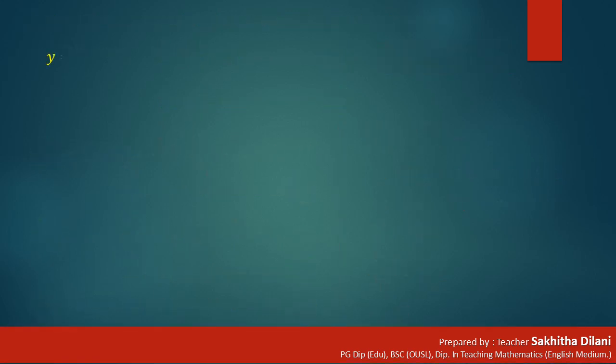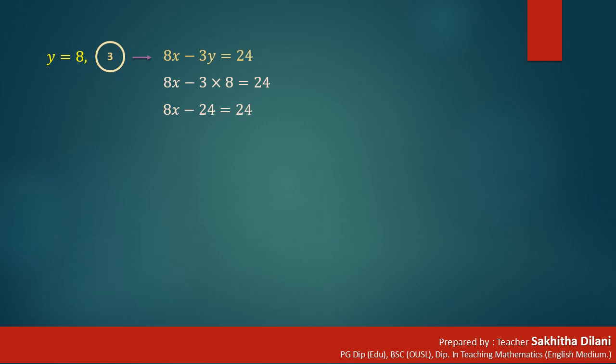Now the value of y is substituted in any of the above equations to find the value of x. I substitute the value of y in the third equation. 8x minus 3y equals 24. 8x minus 3 into 8 equals 24. 3 into 8 is 24 and negative 24 is removed from the left side.